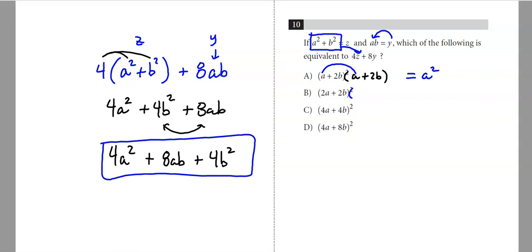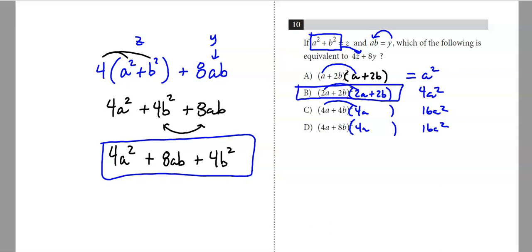When I do the second one and multiply this by itself, 2a times 2a, that gives me the 4a squared. If you look at all these other ones, regardless of what comes after, both of these two are going to give me 16a squareds, and I'm not looking for that. So I know right now the correct answer there is B.